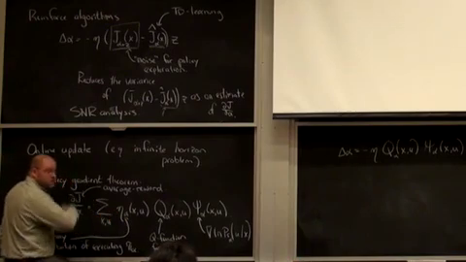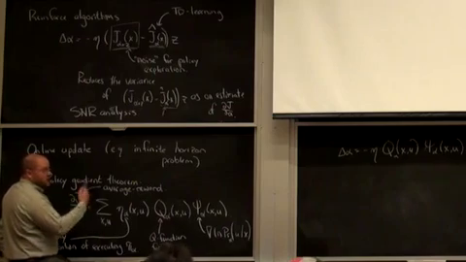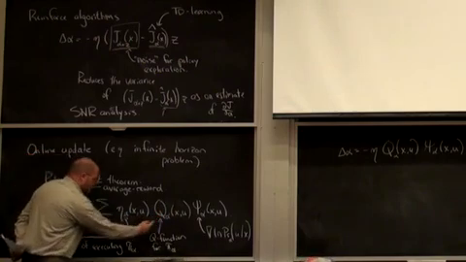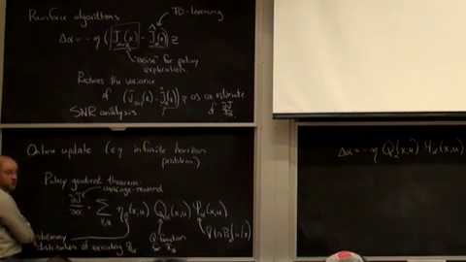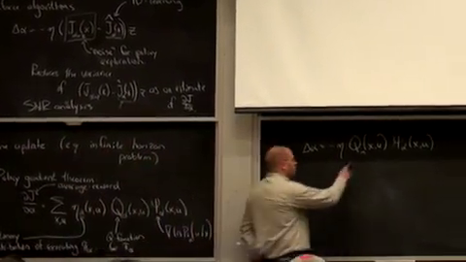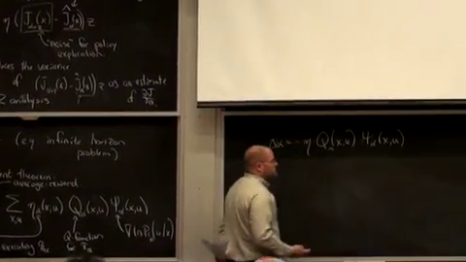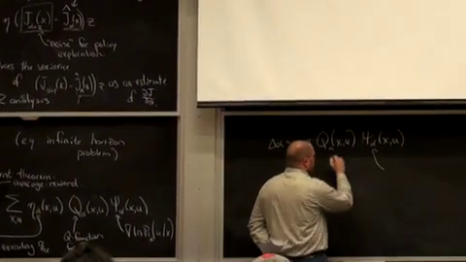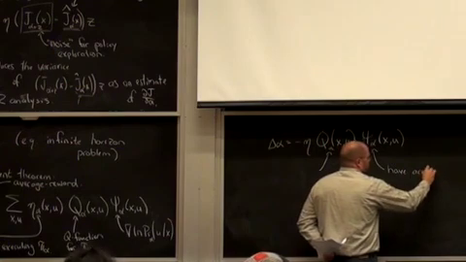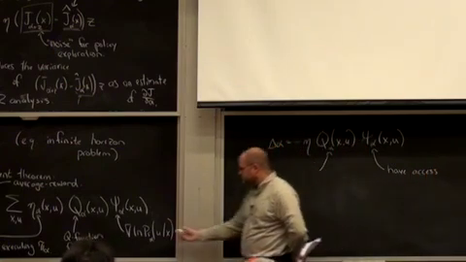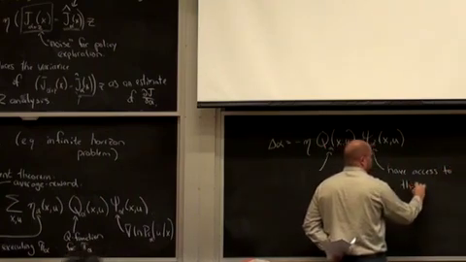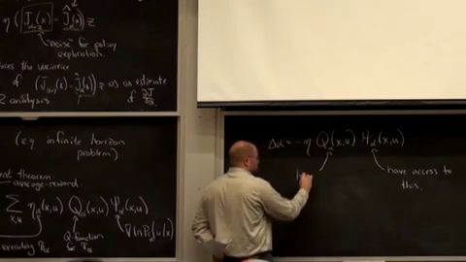This term disappears if I'm just pulling x and u from the distribution that happens when I run the system. That gives me this stationary distribution coefficient for free. Okay, and then if I could somehow multiply the true Q function times my eligibility, this one I definitely have access to. This one I can only guess, because I have access to my policy. I can compute that. But this guy I have to estimate.